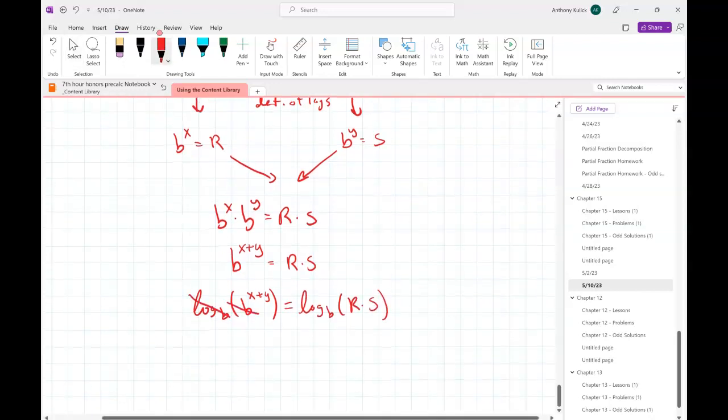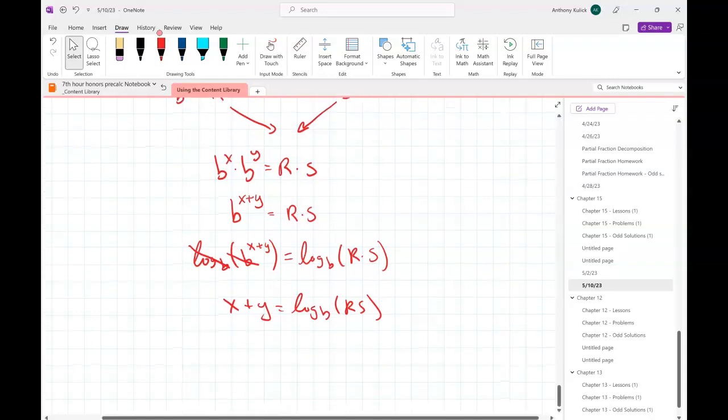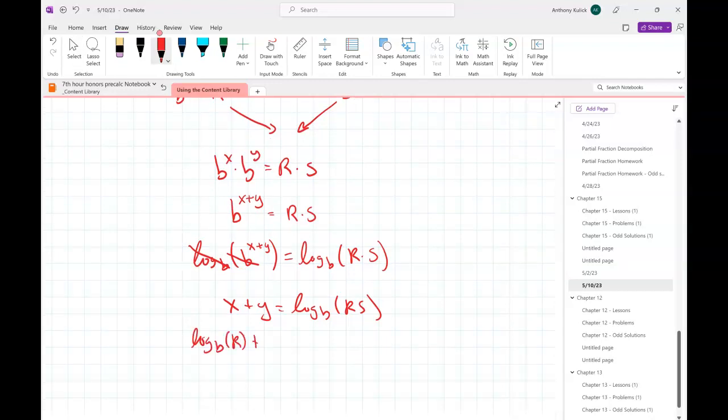Now log base b cancels with exponent base b. And x, remember, that was just log base b of r. And y was just log base b of s. And now I have exactly what I was looking for.